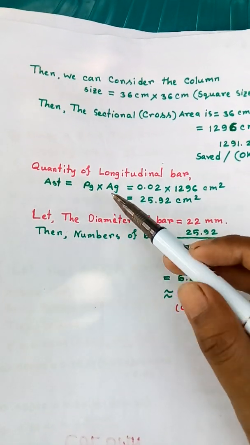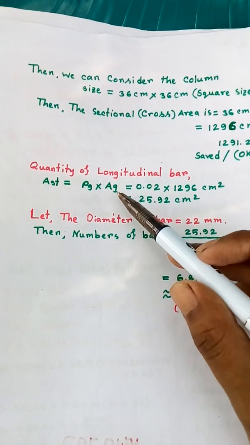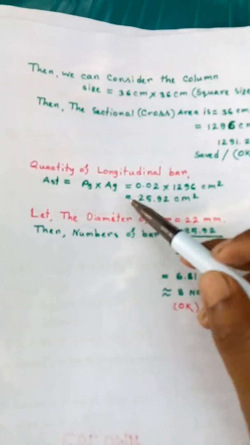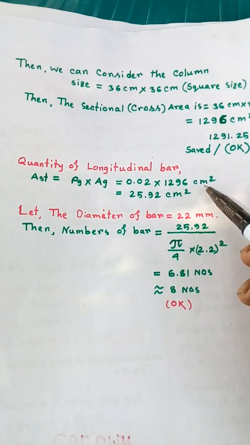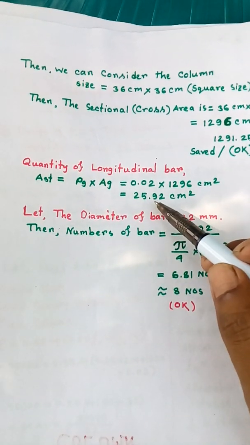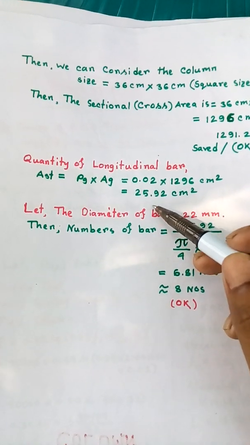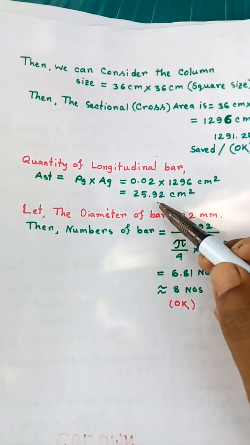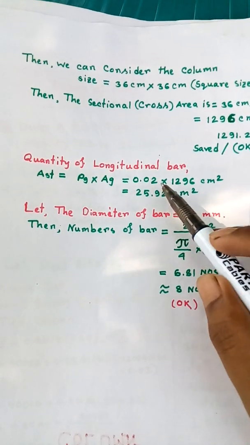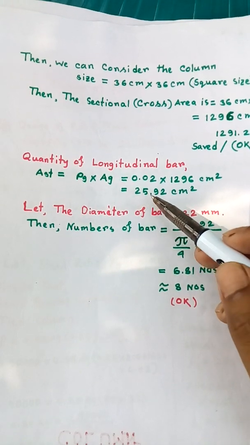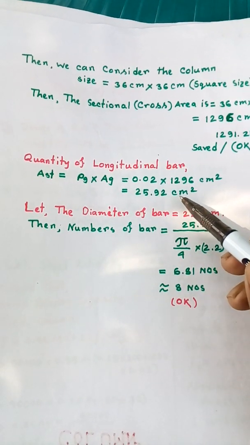The value of rho g 0.02 multiplied by the value of Ag 1296 square centimeter equal to 25.92 square centimeter. This is the cross sectional area of the steel main bar.